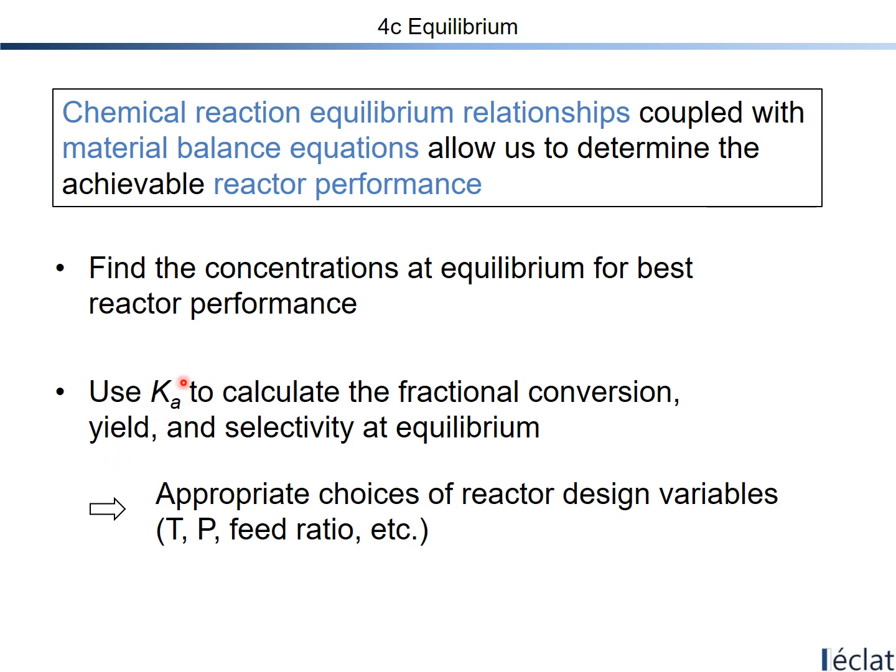Use equilibrium constant to calculate the fractional conversion, yield and selectivity at equilibrium. This is, again, for determining the achievable reactor performance at equilibrium condition. Then we can select the appropriate choices of reactor design variables like temperature, pressure, feed ratio, and so on.